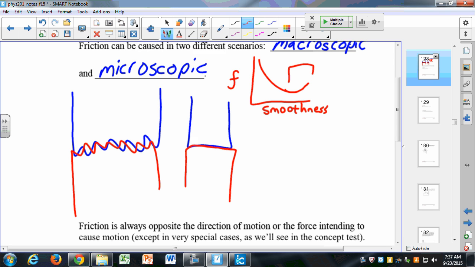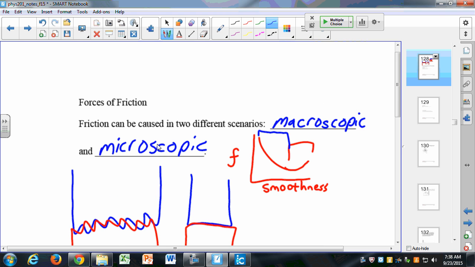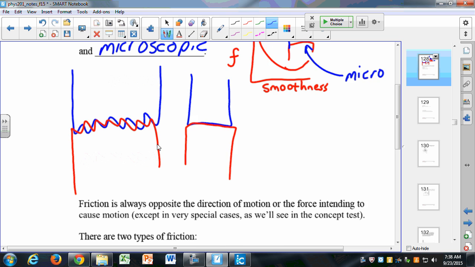But this illustrates the difference in these 2 regimes. As we consider this regime, we're talking about macroscopic friction, and as we're considering this regime, where as you increase the smoothness your frictional force increases, this is microscopic. So those are just sort of 2 different scenarios of friction.